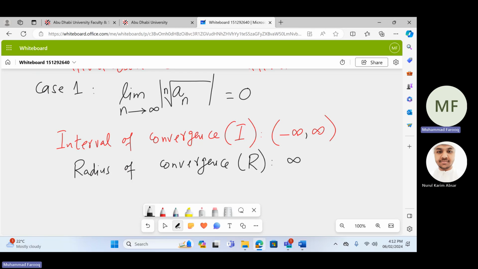So even the half of the length of the interval is infinity. In this case, when the ratio test or root test gives 0, the power series converges for all x values. The interval of convergence is all real numbers, and the radius is infinity. These are fixed rules for case one, which is when the calculation answer is 0.